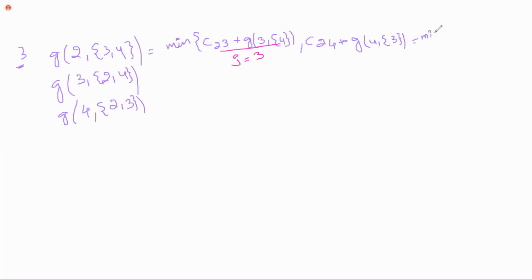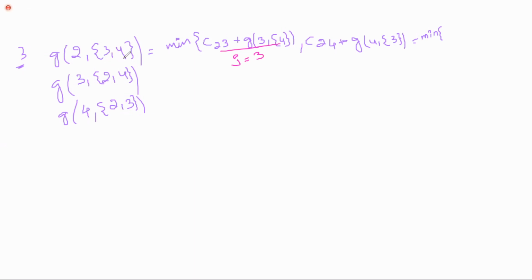Yes or no, ma'am? Ma'am, shouldn't we get G of 3, 5 and G of 4, 5? Do you have any 5 here? No. Then how can you write 5? Why I have 3 comma 4 means the family is Cij. I is 2. J I am assuming here is 3. So Cij plus G of j comma, j is 3 comma, s minus j.